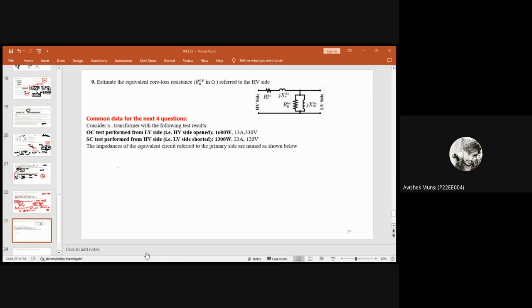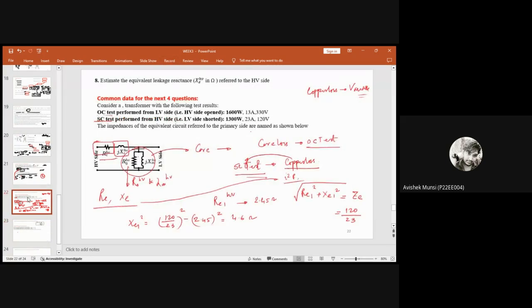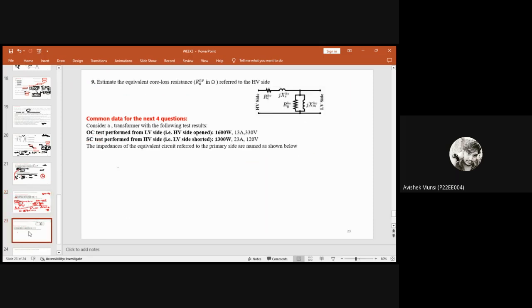In this question, this is a little bit trickier because you are asked to calculate at the HV side. Okay. But where it is given, the HV side voltage is not given. Let us consider it.